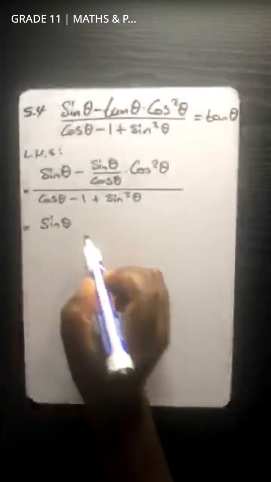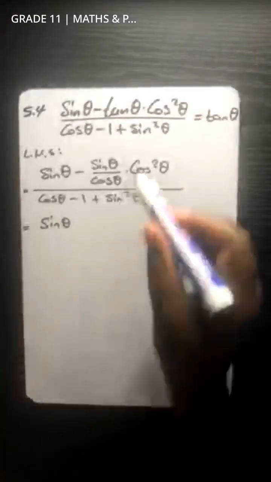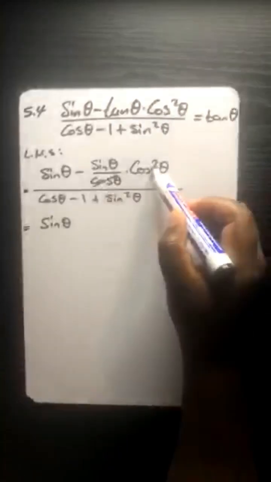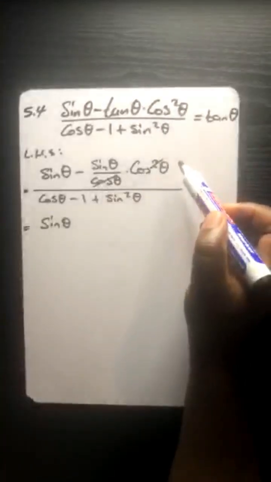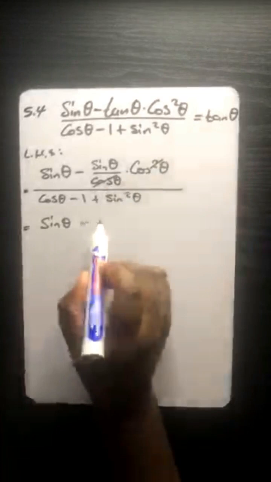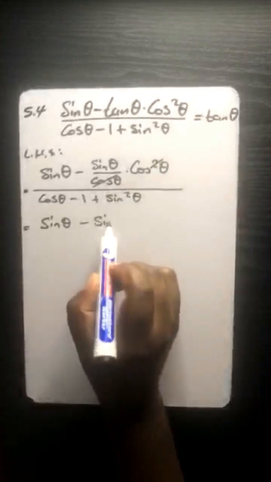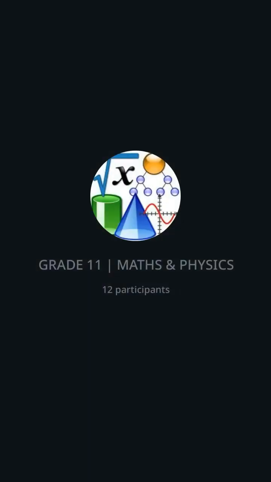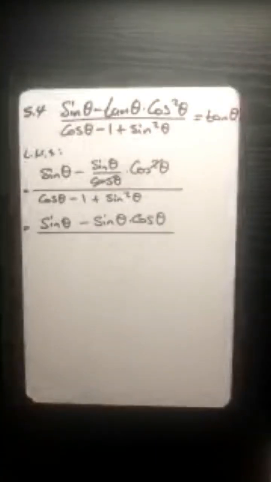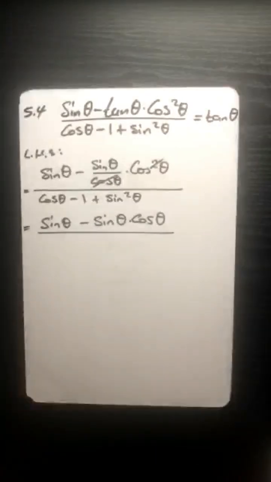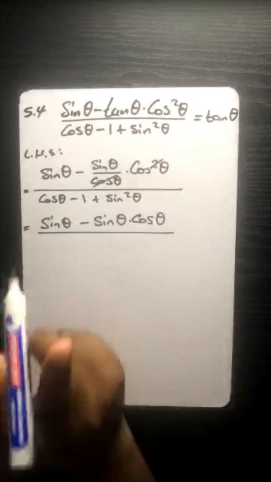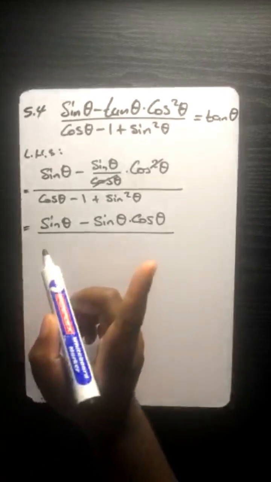So let's see. Sine of an angle, I think let's cancel those that cancel. If we cancel that, it cancels 1 from that. So that means we are having minus sine of an angle times cos of an angle, the whole of that divided by. Now, this is where you need to be careful.